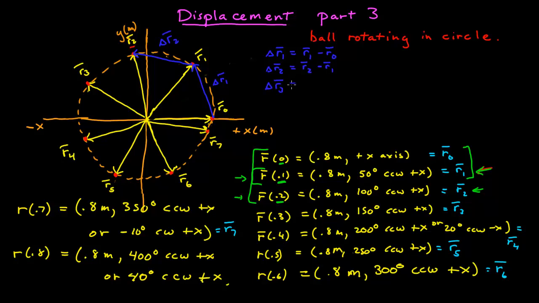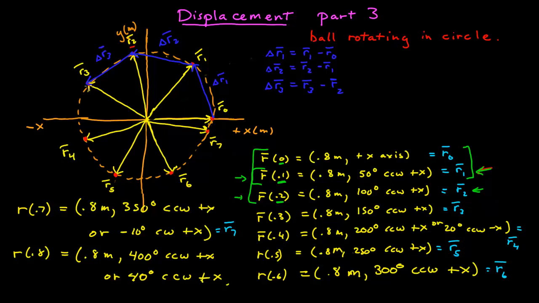Delta r3 is r sub 3 minus r sub 2. Given this notation, it's going to point from the tip of r2 to the tip of r3. There's r3.